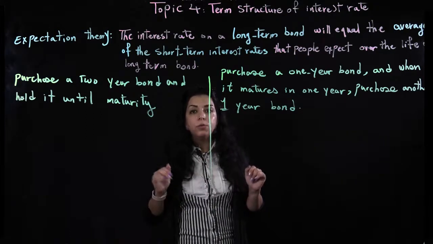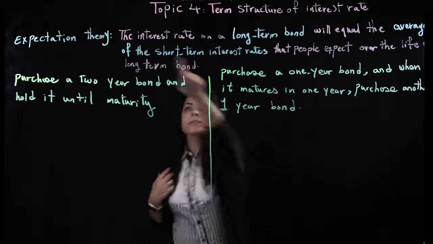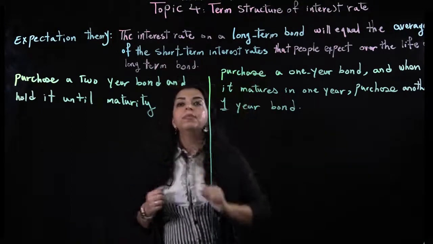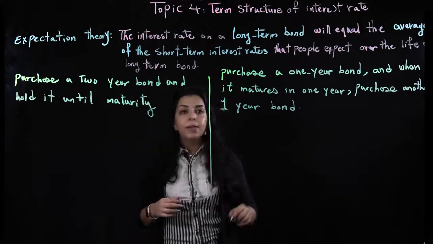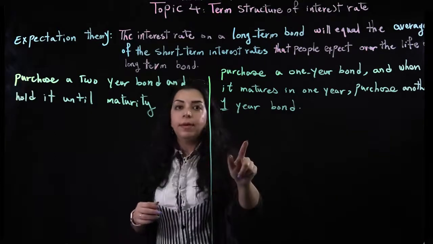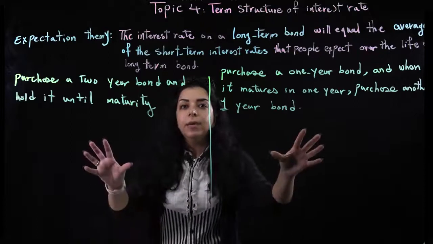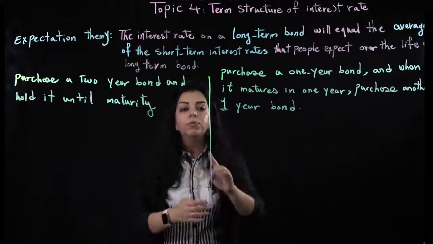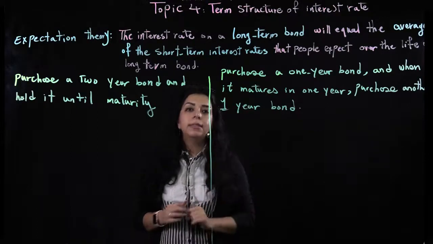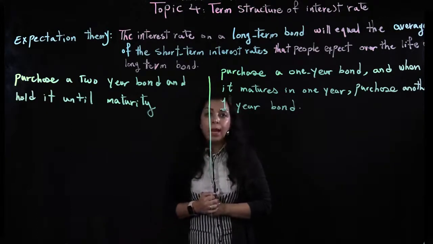So now we want to prove this claim or proposition of the expectation theory. How to prove that? We consider 2 different scenarios and then we calculate the interest or earning of these 2 scenarios. We put them equal and then we see what will happen.